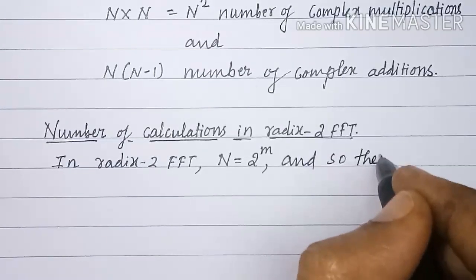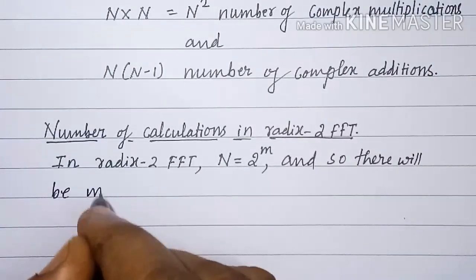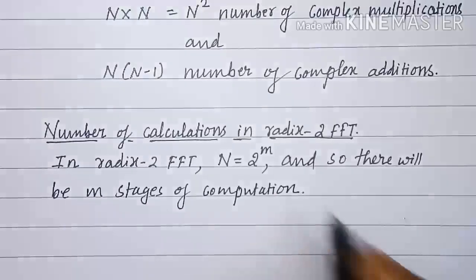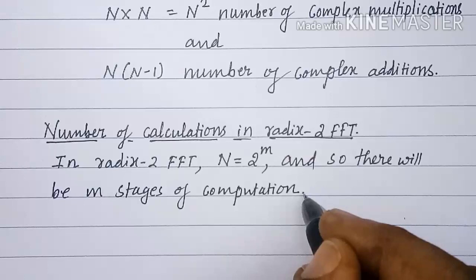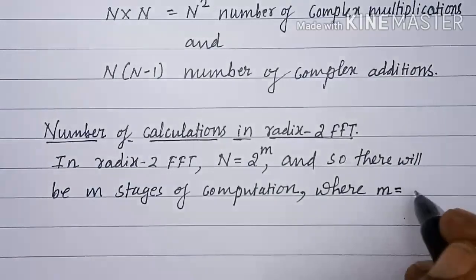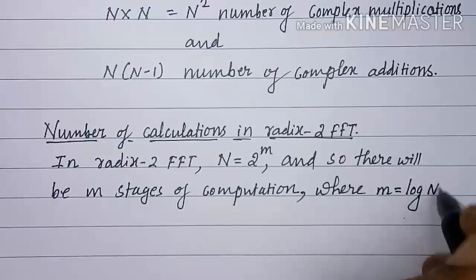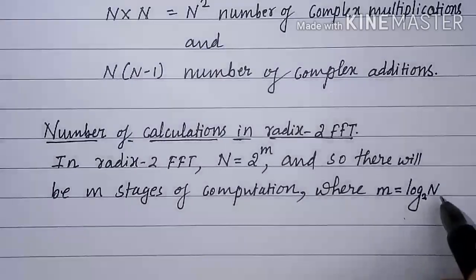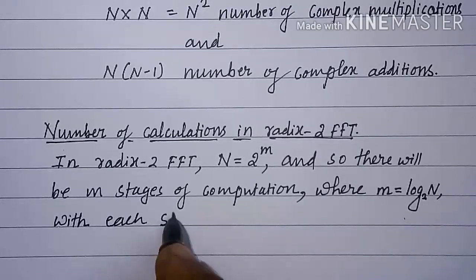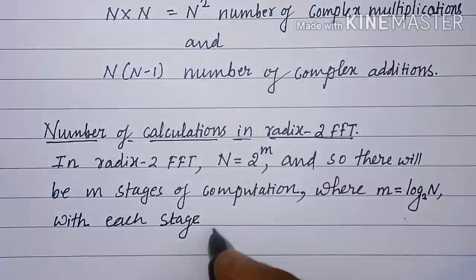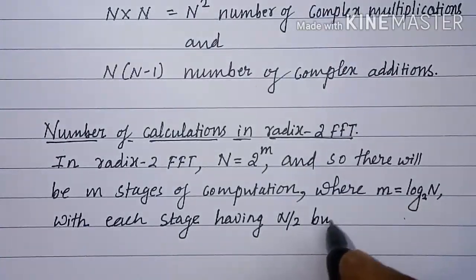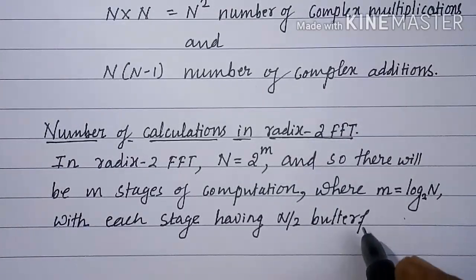And so there will be m stages of computation, where m is equal to log N to the base 2, with each stage having N by 2 butterflies. What a butterfly is, we will see later.